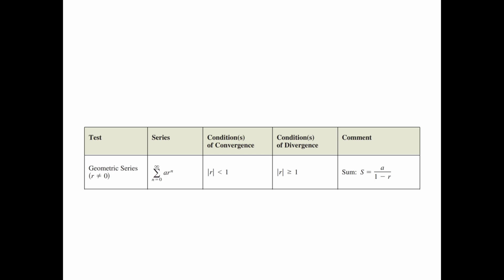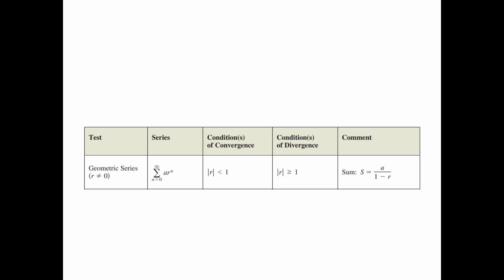Next test, it's not really a test. If you recognize that your series is geometric, the ratio of any term to the term before it is always the same number, then it's geometric. If your common ratio is between -1 and 1, then your series converges.